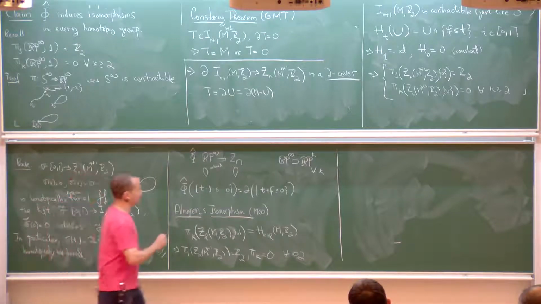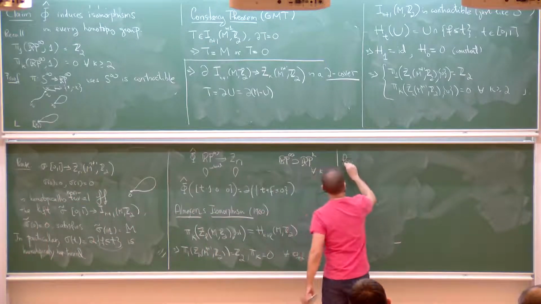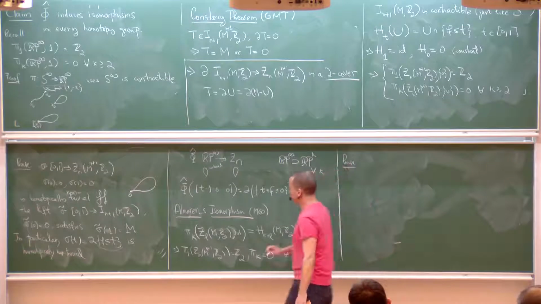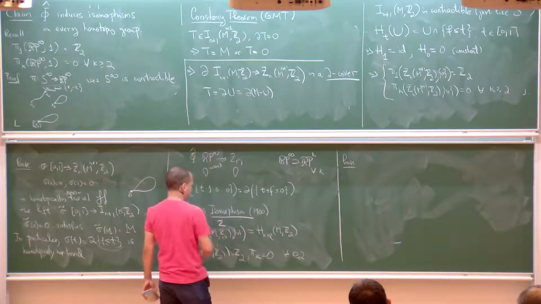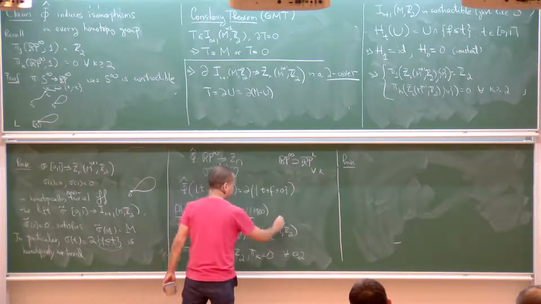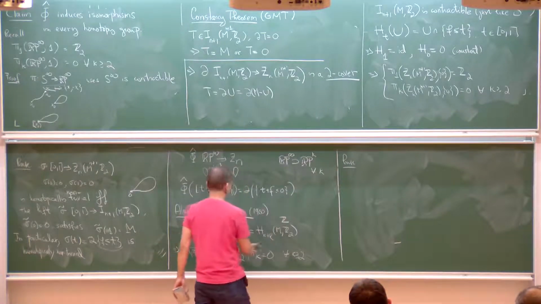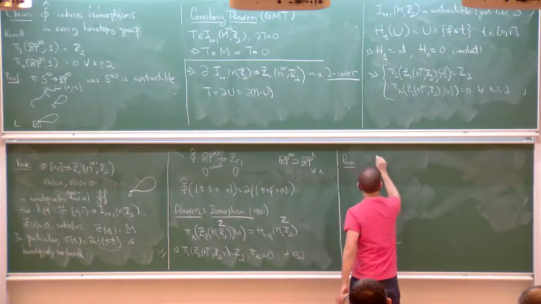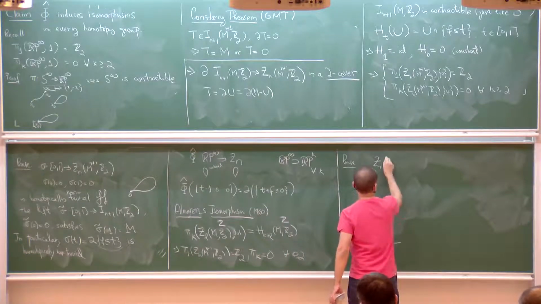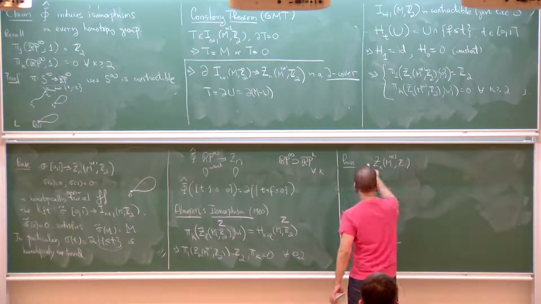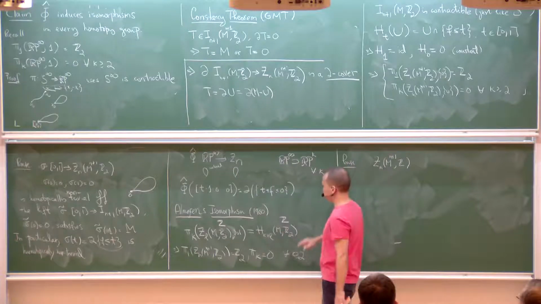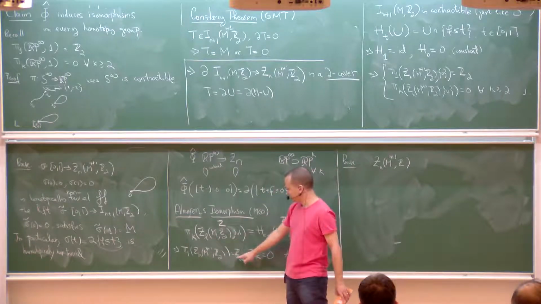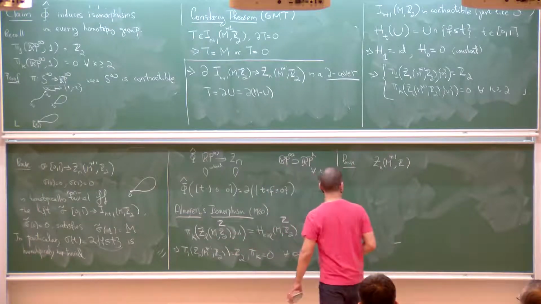So one remark is that actually this formula is true also for integer coefficients. So if I take cycles with integer coefficients and you compute the homotopy groups, you see that if M is oriented, pi 1 is going to be Z, and the higher dimensional ones are going to be 0.